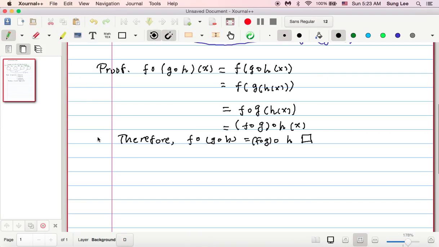Again, its proof is pretty much straightforward, by the definition. So here's the lemma. The statement is f is going from x to y, and g is going from y to z.